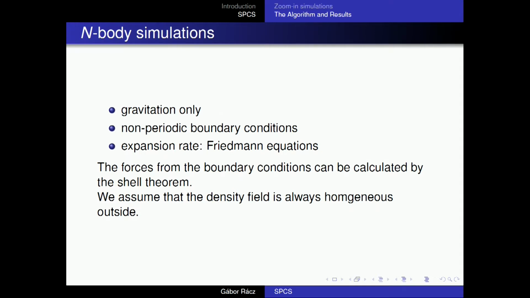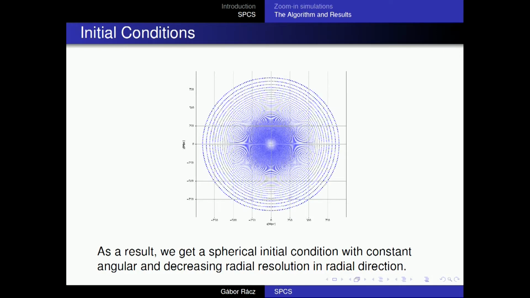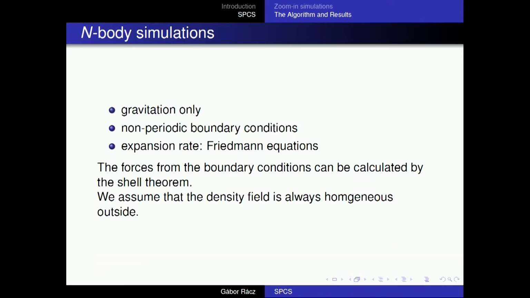We assume that the density field is always homogeneous outside. We can do this because we have such bad resolution in here, so we cannot distinguish the homogeneous and the inhomogeneous case.